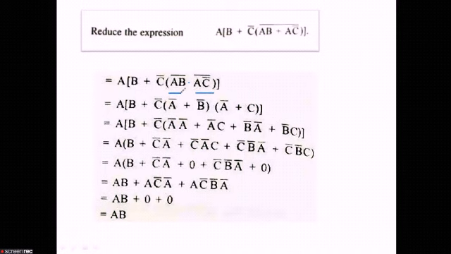After applying it, we are getting A bar plus B bar, the dot changing to a plus sign, and A bar plus C double bar, which is C. The rest is the same. So the expression is A(B plus C bar)(A bar plus B bar)(A bar plus C).